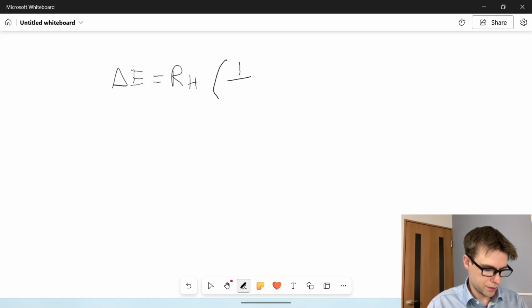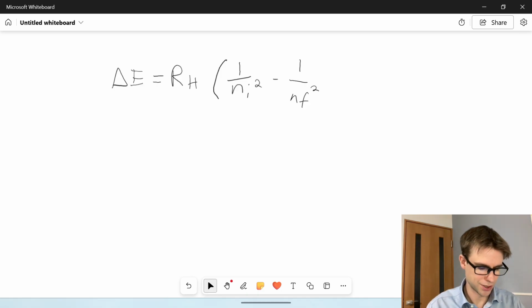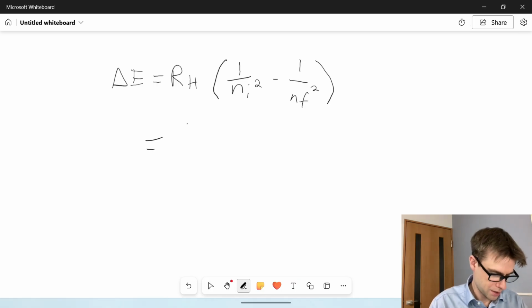Now, this is equal to 1 over n initial squared minus 1 over n final squared. N, not h, okay? So what are we going to say is initial and final? Let's imagine an electron is falling from level 2 to level 1. So my initial is level 2, my final is level 1. So I can put in my numbers.